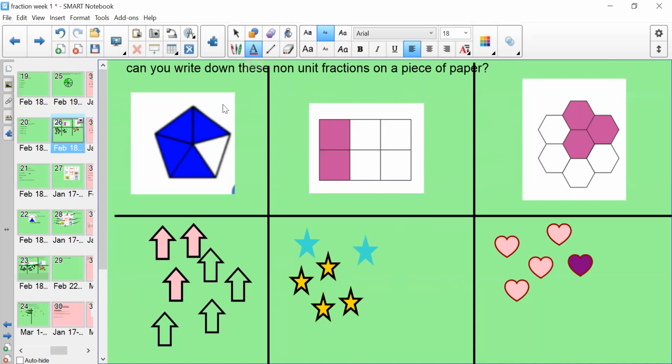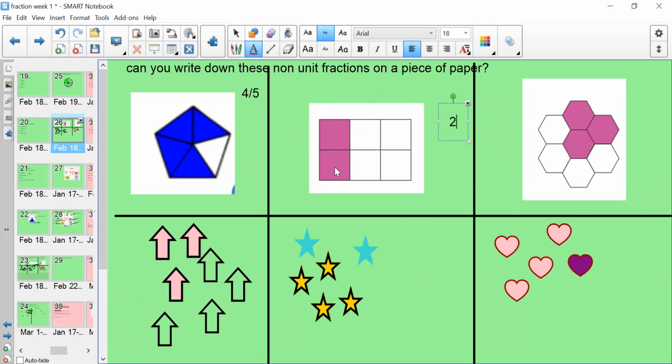Okay, well done. So the first one, we've got 1, 2, 3, 4 blue out of a total of 1, 2, 3, 4, 5. So we say that is 4/5 because 4 of the 5 have been shaded. This picture, we've got 2 that are shaded.